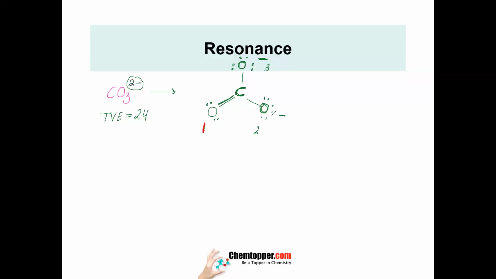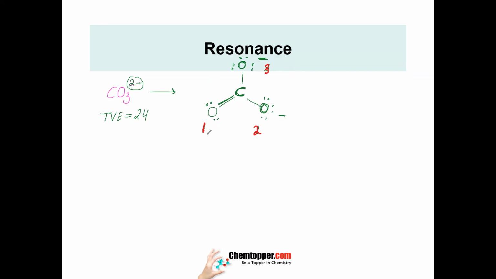Resonance is a big topic in organic chemistry, but for AP chemistry, we have to learn it in a simpler way. There are 3 oxygens. But how do you select which oxygen is going to have a double bond? I cannot say that oxygen 1 is always holding the double bond.